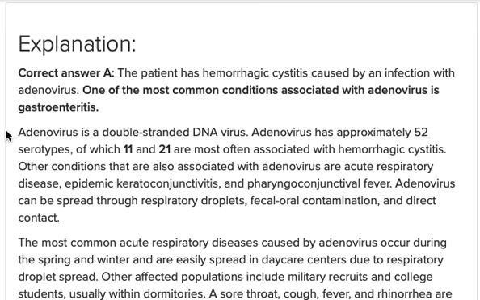Adenovirus is a double-stranded DNA virus. Adenovirus has approximately 52 serotypes, of which 11 and 21 are most often associated with hemorrhagic cystitis.